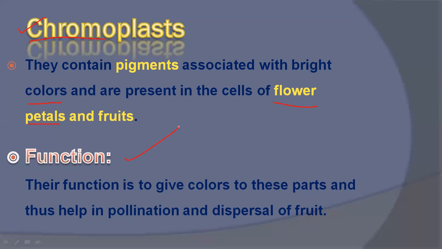As we know that they are colored bodies, its very important function is to help pollination and dispersal of fruits. Animals like bats and squirrels eat the fruit, and they spread or disperse the seeds of the fruits anywhere and the plant can grow from that. That is called dispersal of fruits, as well as helping pollination.